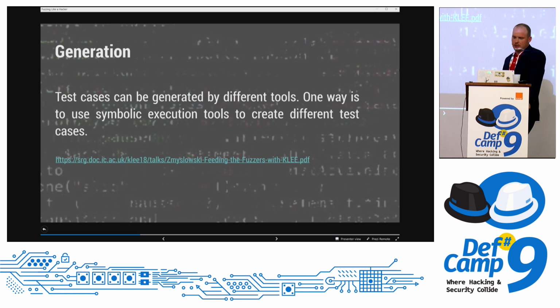Or you can try to generate them using different tools. When you want to generate, for example, video files, you can use publicly available decoders, create different types of the file, different conversions, whatever you want. One of the techniques is to use a symbolic execution tool. I already gave a presentation about this.